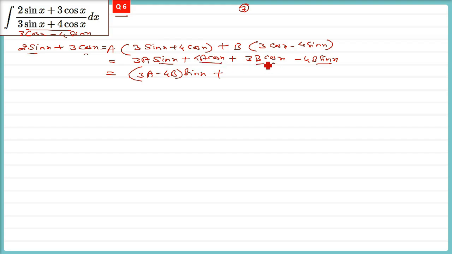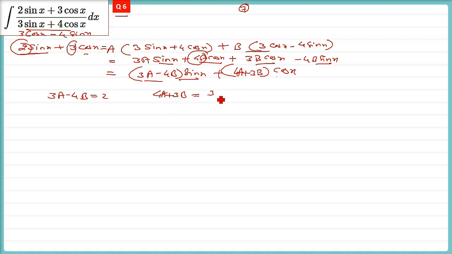How about cos x? 4a plus 3b cos x. Now equate it. 3a minus 4b is equal to 2, and with cos x, 4a plus 3b. Please remember, it's 4a. So 4a plus 3b is equal to what? Now equate it to the left. It will be equal to 3.